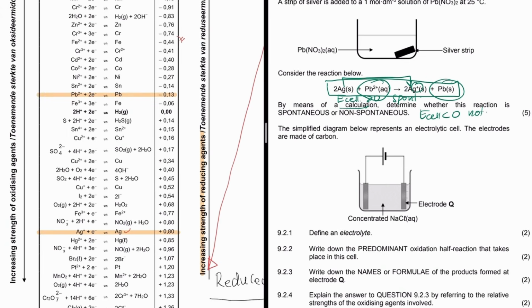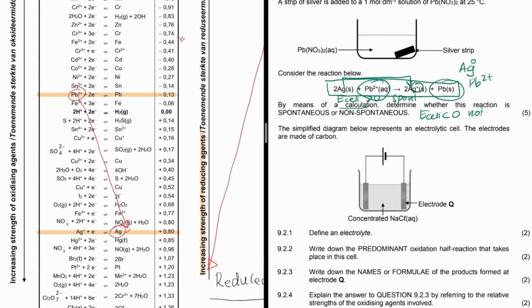Now, you could do this. You could say, okay, Ag and Pb2 plus are the 2 species that I'm interested in. Can I draw a diagonal between them? So can I draw that diagonal that's going from top right to bottom left? So Ag is here, Pb2 plus is here. Yes, I can, but the diagonal is going the wrong way. So it's not going to be a spontaneous reaction.